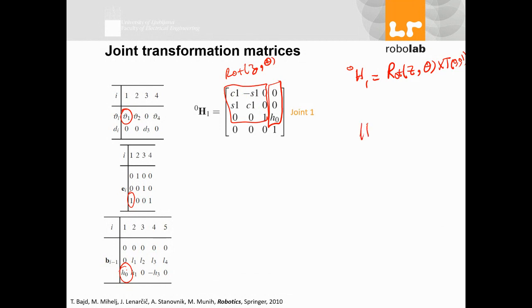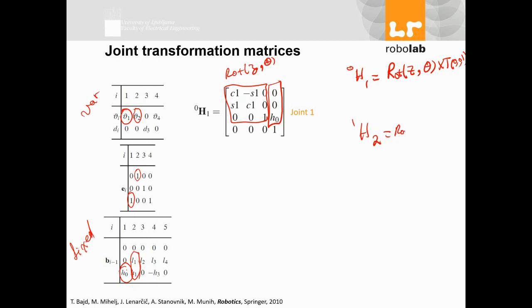From joint 1 to joint 2, again I have a rotation, no translational movement. Well, these are variables in terms of variables, but the fixed ones are L1, H1. So what I expect is, the rotation will be around the x-axis.